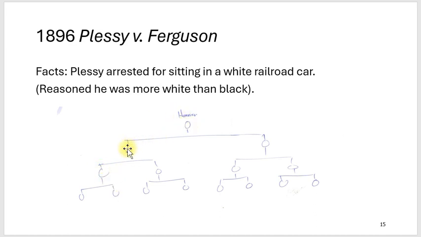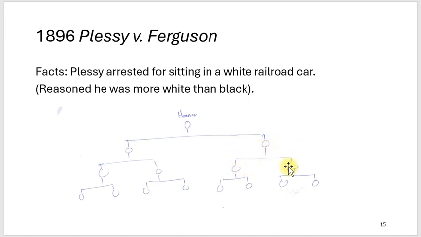And then his father's mother's father was white, and his father's mother's mother was white, making his mother white and making his father white. Over on his mother's side, or let me back up here. So yes, his mother's father's father, white, his mother's father's mother, white, making this guy white.